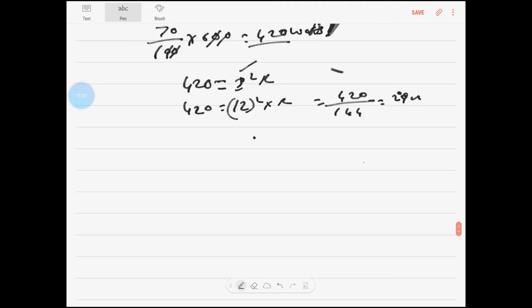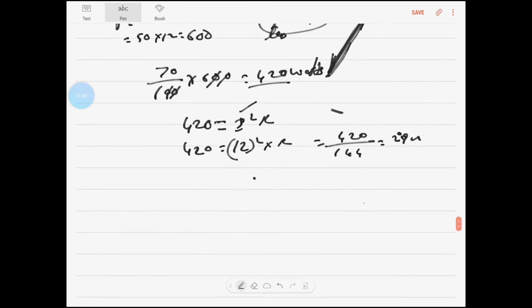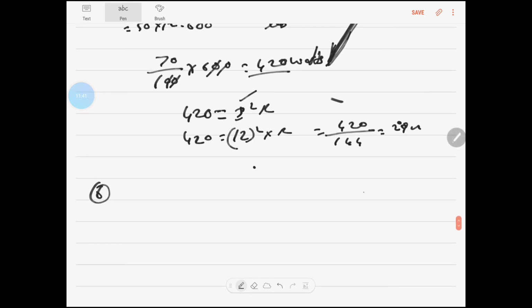So let's go to the next sum, which is the sixth sum of the day. Let me choose something else. An electric power station. It's an NCERT sum: a 100 megawatt power station transmits the power to a distant load through a long and thin cable.